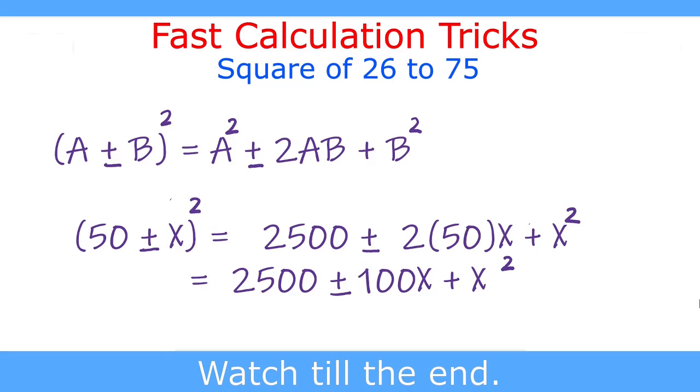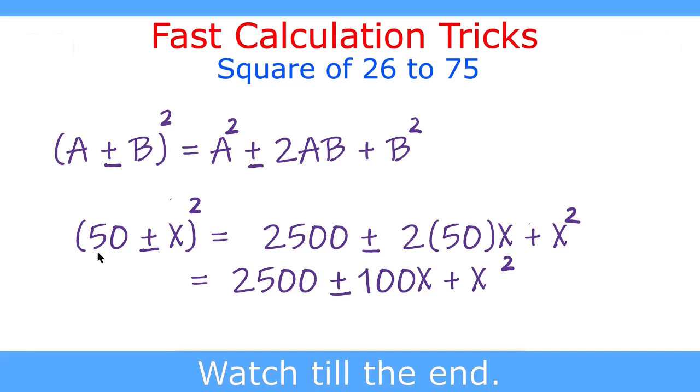So if we are finding the square of say 57, as we have already done, then 50 plus 7 whole square can be written as 2500 plus 100 into 7 which is 700 plus square of 7 is 49. So 2500 plus 700 is 3200 plus 49 is 3249.